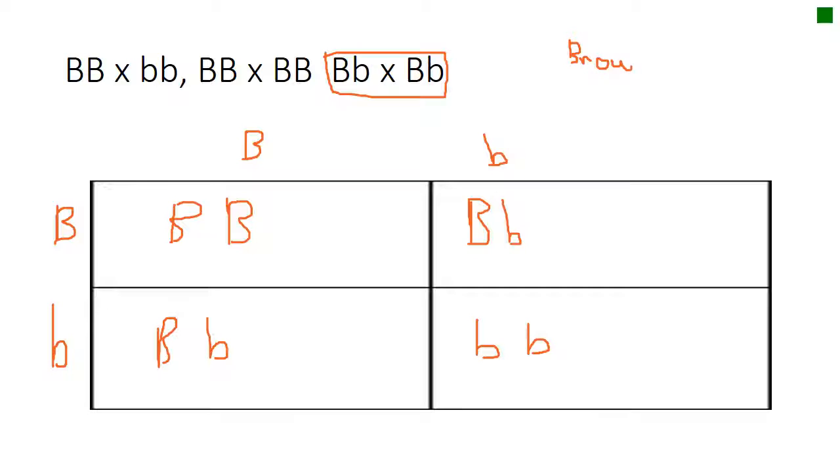However, you have a 1 out of 4 chance, or a 25% chance, that the baby would actually have blonde hair, because in this situation there is no dominant allele masking the recessive alleles, because you have 2 recessive alleles present.